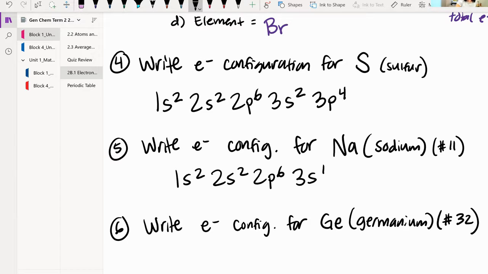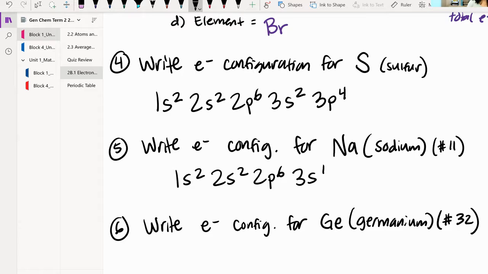So in writing the electron configuration for that element, we always start with number 1, where hydrogen is. So the rule is we had to start with the first energy level. When we fill in electrons, we always start with the first energy level, and then we work our way farther and farther away from that nucleus.